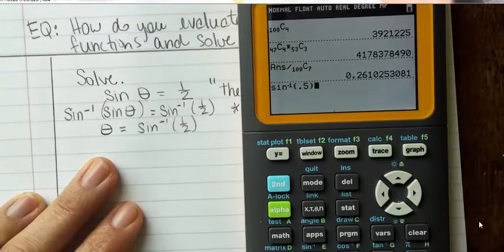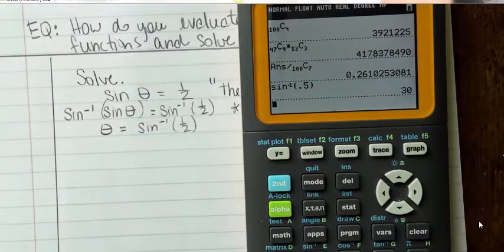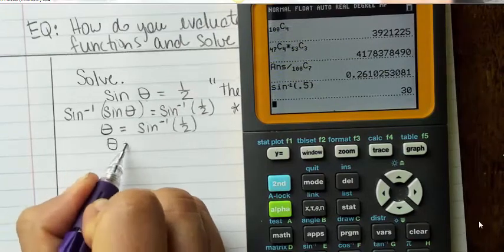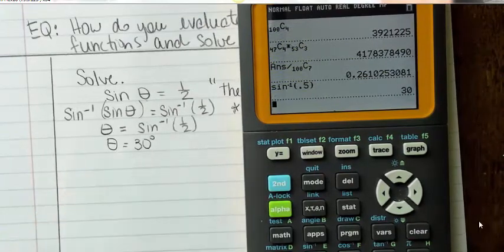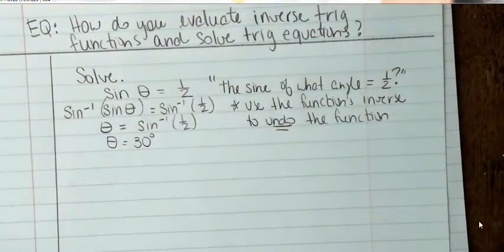I'll put 0.5. Notice what I'm getting here: theta equals 30 degrees. This should look familiar to you in a couple of ways. Let me find my unit circle. Look through your unit circle.